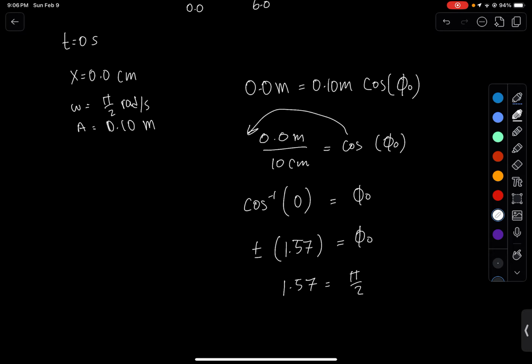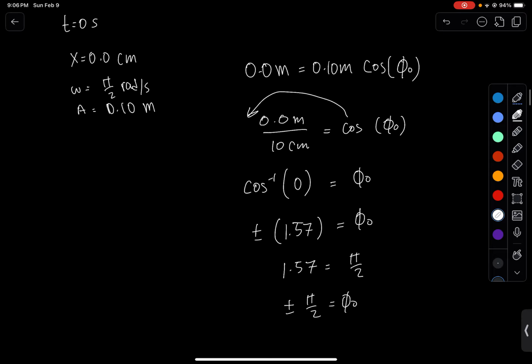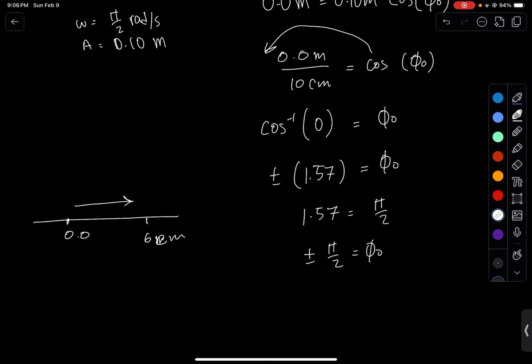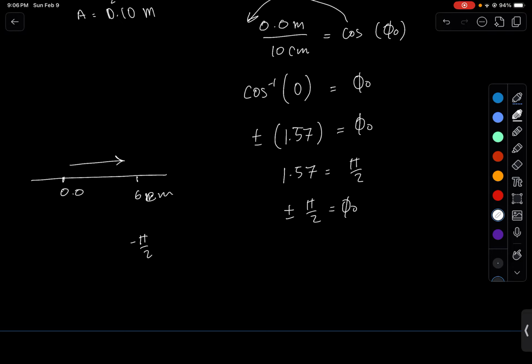So now we have to find out whether it's a positive or negative pi over 2. From the question, we understood that the particle is at the 0 position, 0 meters, and moving to 6 centimeters. It means that it's moving to the right side. So it's better to choose minus pi over 2. Why? Because I'm going to draw the reference circle to explain the situation visually. Pi over 2 is here, minus pi over 2 is here.